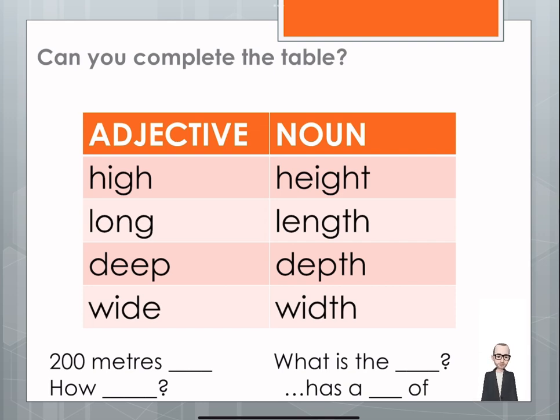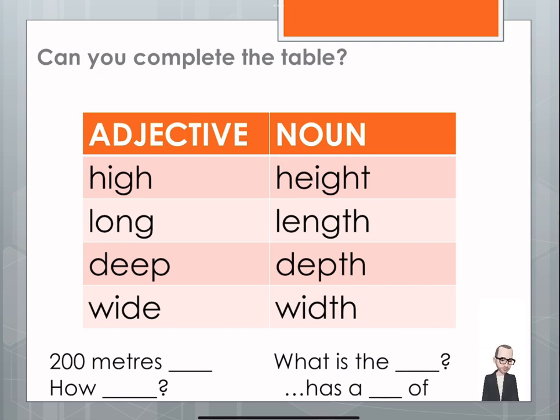Asking questions with adjectives, you will use the question word how: how high, how long, how deep, or how wide something is. As for nouns, the questions will be what is the height, what is the length, what is the depth, or what is the width of the road, for example.